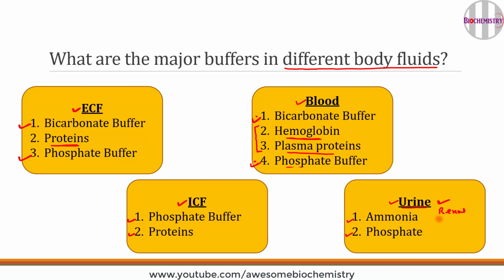In the remaining video, I will discuss bicarbonate buffer, then protein buffer and then phosphate buffer. While discussing the protein buffer, I will specify some properties of hemoglobin buffer, which is extra effective. By discussing these three buffers, we can cover ECF, blood and intracellular fluid. And as I told you, urine buffer will be discussed along with the renal regulation of pH.